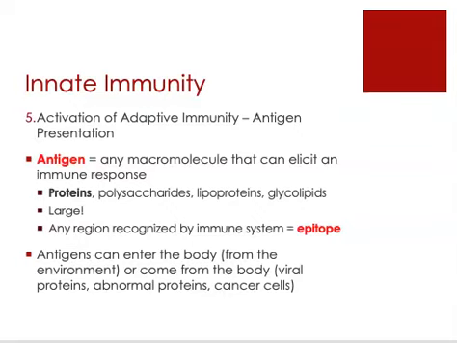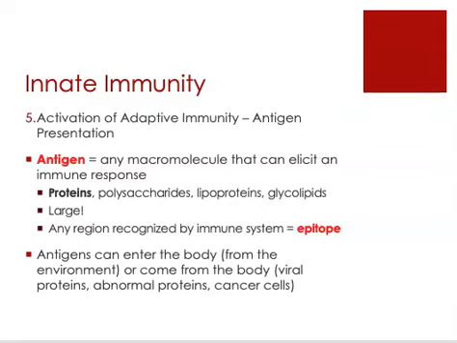Antigens are oftentimes proteins, but they can also be other types of macromolecules, including polysaccharides, lipoproteins, and glycoproteins. Antigens tend to be relatively large molecules. They are macromolecules.